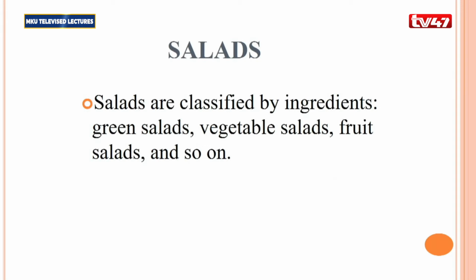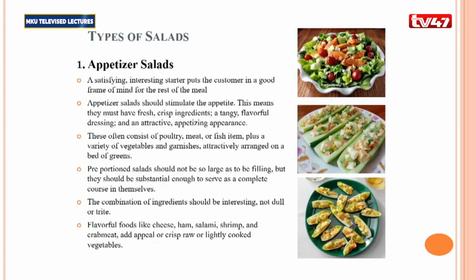If you're using vegetables like lettuce, tomatoes, and onions, then it becomes a green salad. If you're using things like avocados, tomatoes again, etc., you will get a vegetable salad. So they will be classified according to the types of vegetables or fruits that you use.